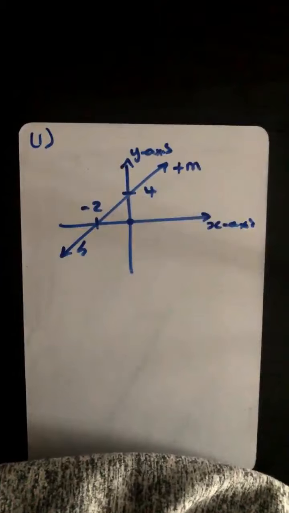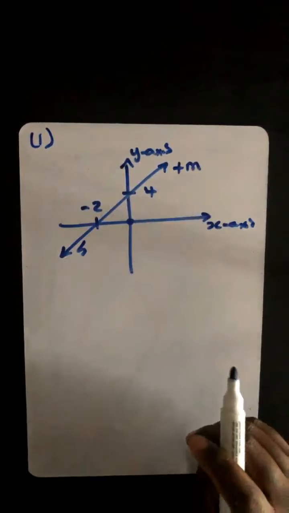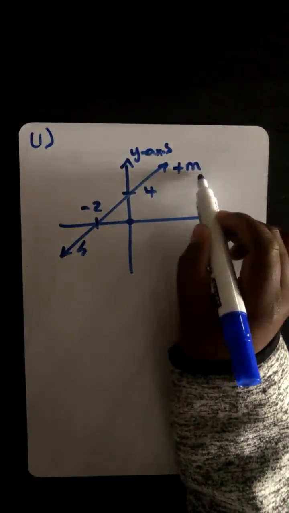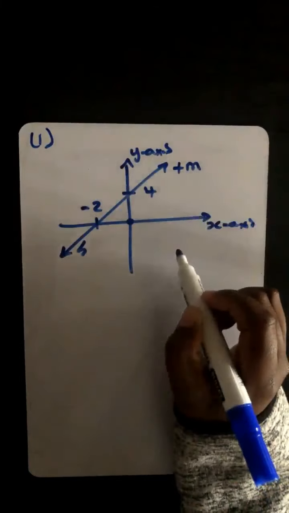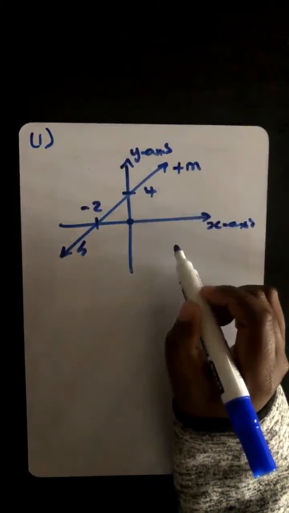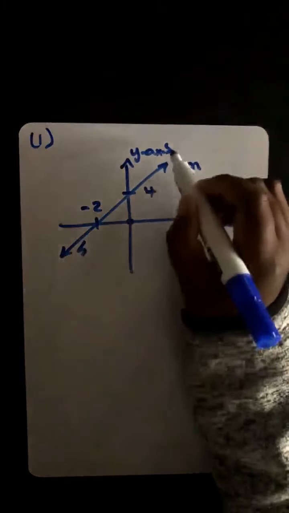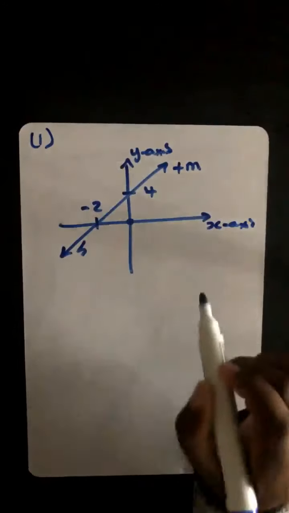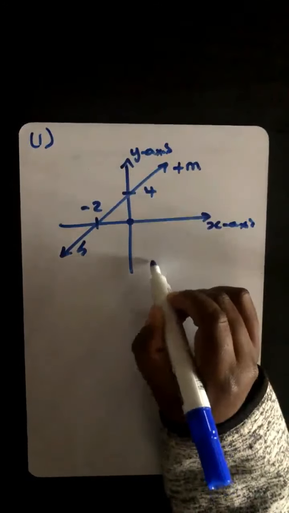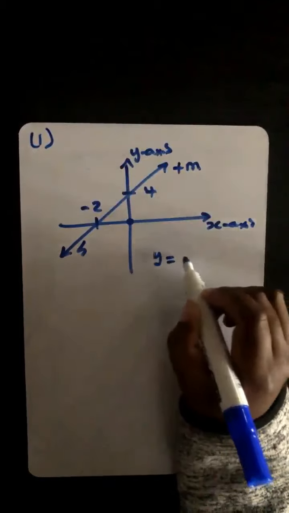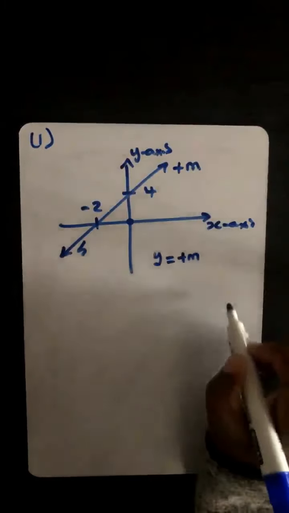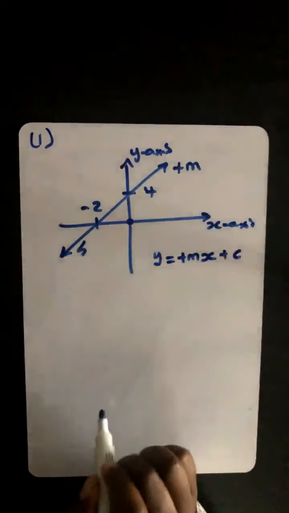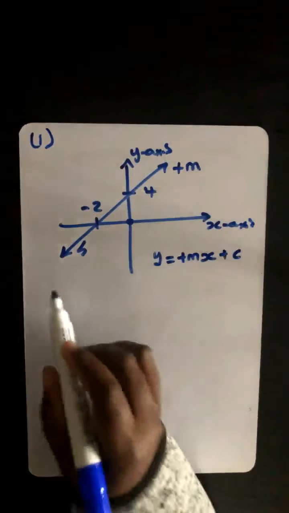We're going to have a positive gradient and a positive c value, because the graph of h cuts the y-axis above the origin. So generally we must have y equals to a positive m value and a positive c value. This is how you determine an equation of the graph of h.